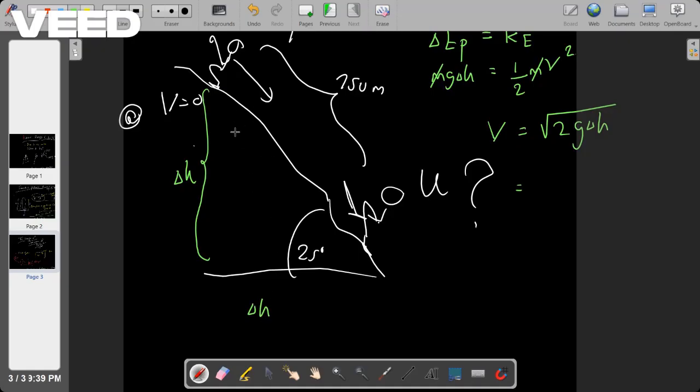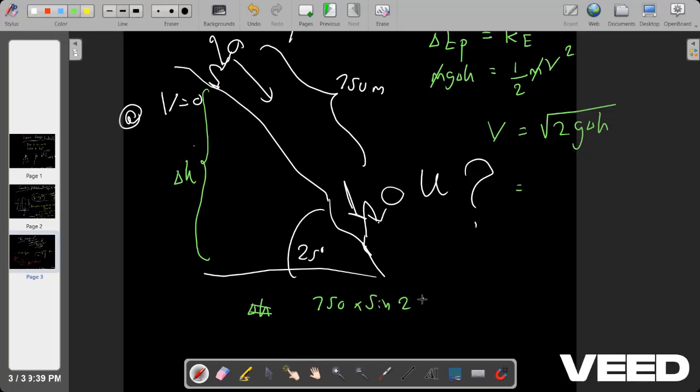Delta h: 750 is the diagonal, so sine 25 is equal to delta h over 750. So you can straight plug in that. 2g is 20, so let's assume g is 10. Delta h is 750 sine 25.